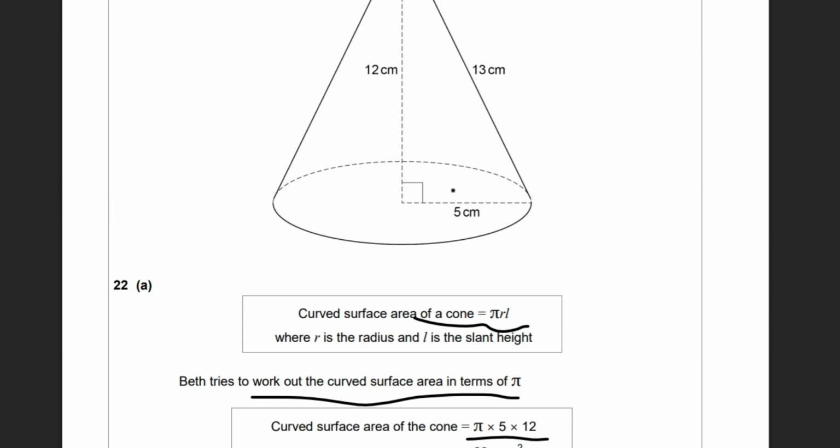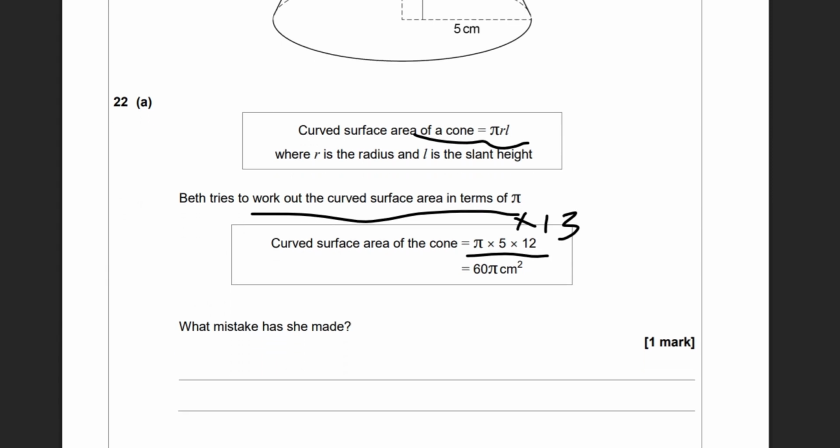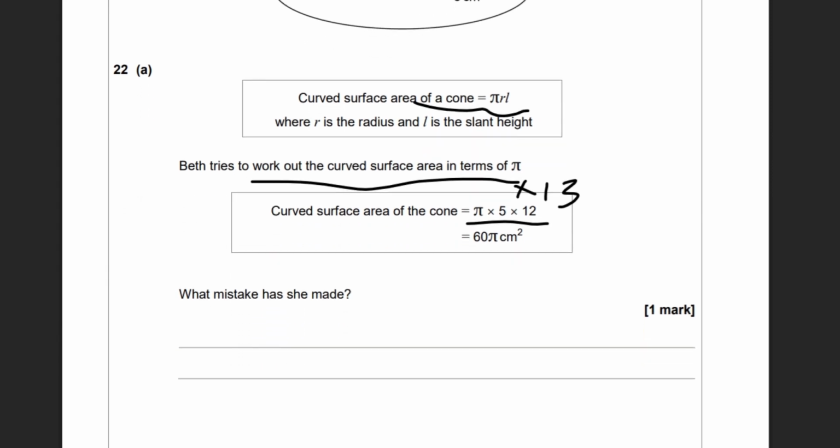If you check, she used 12. 12 is the normal height. It's supposed to be the slant length. So she was supposed to use 13 instead of 12. That's the mistake. And she was meant to get 13 times 5, 65 pi centimeters squared.